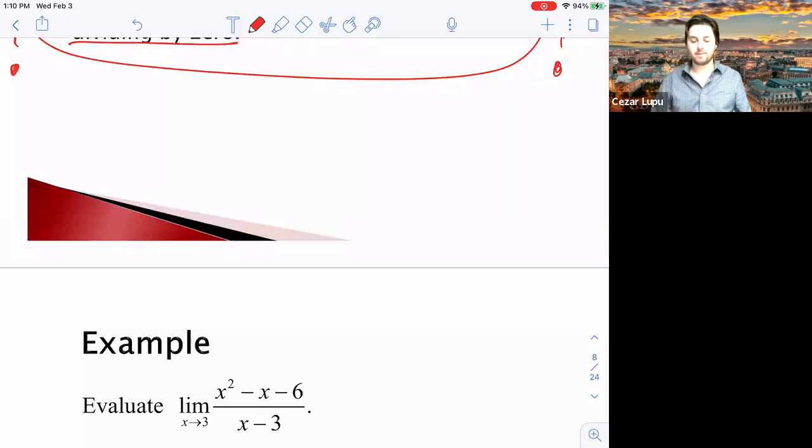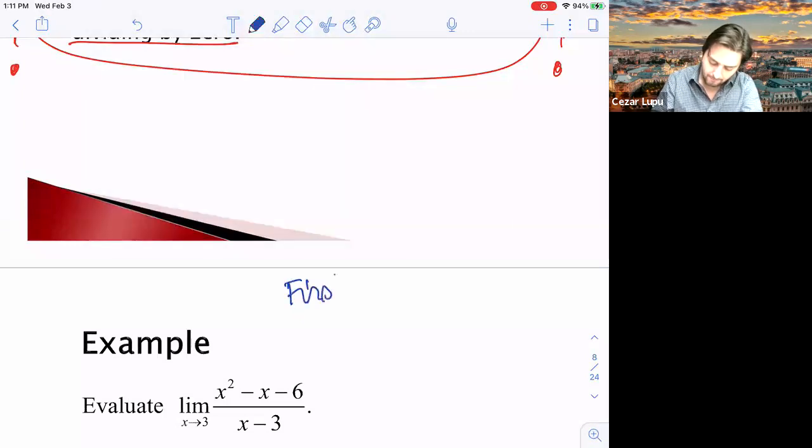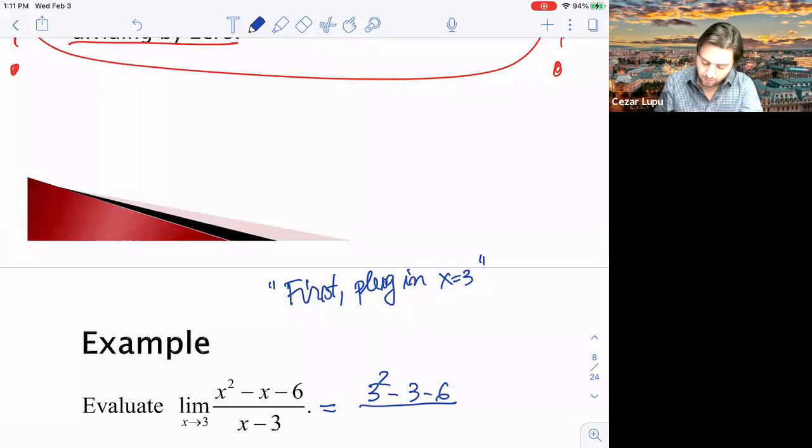So first let's plug in x equals 3. That's what we do. Let's see what we get. We get 3 squared minus 3 minus 6, everything over 3 minus 3.